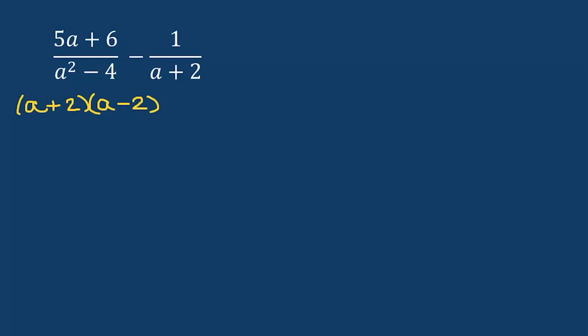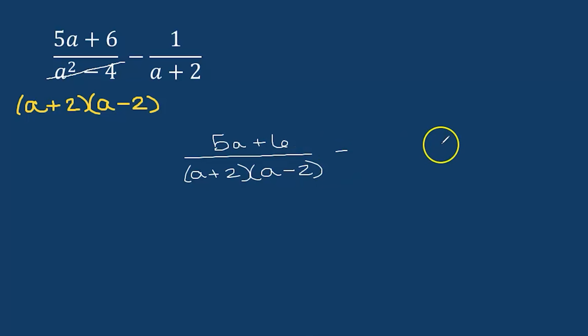So if I rewrite this with this denominator factored, I'm going to get this problem. I'm going to go ahead and put it in the middle. We have 5a plus 6 all over a plus 2 and a minus 2, minus 1 over a plus 2.